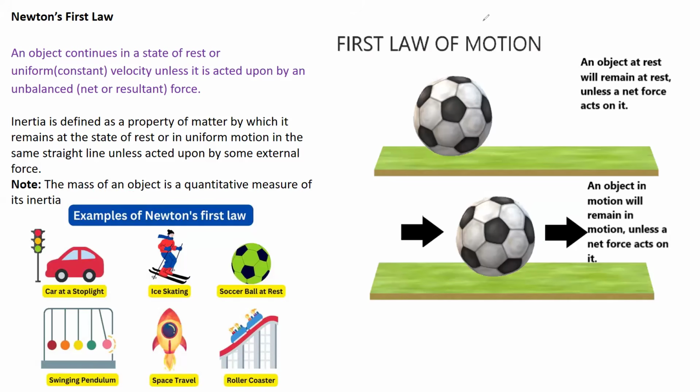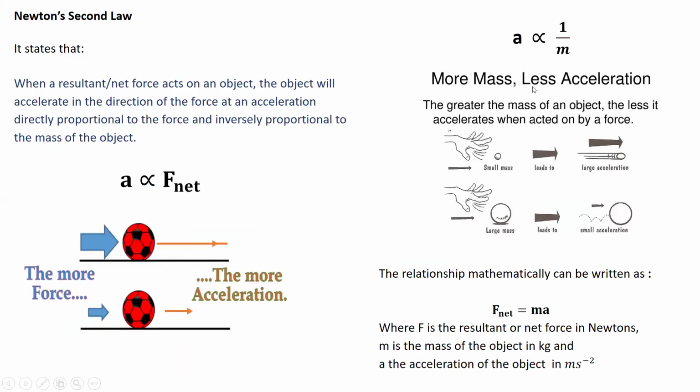All right, I'm ready for my next one, Newton's second law. Newton's second law says, okay, now that an object is moving, there is a force that acts on it. In the beginning of my lesson, I gave the idea that when there is a force it can cause an object to move.